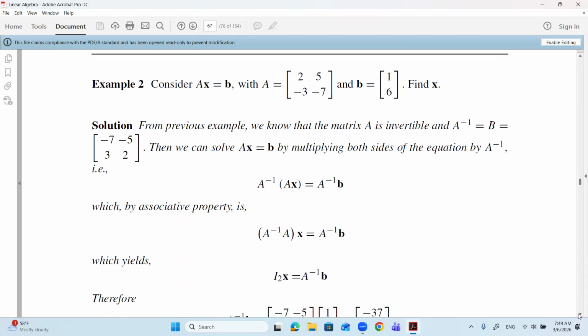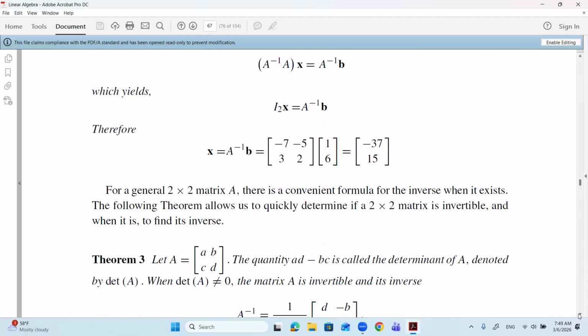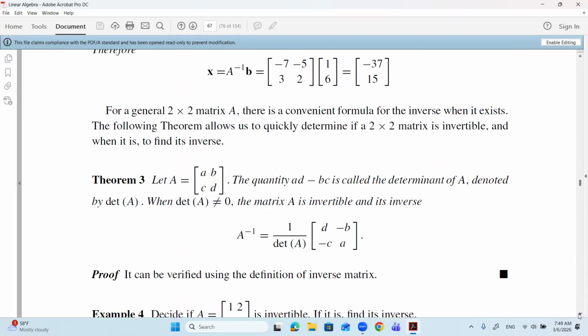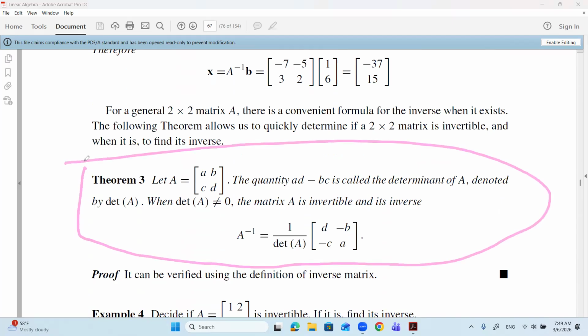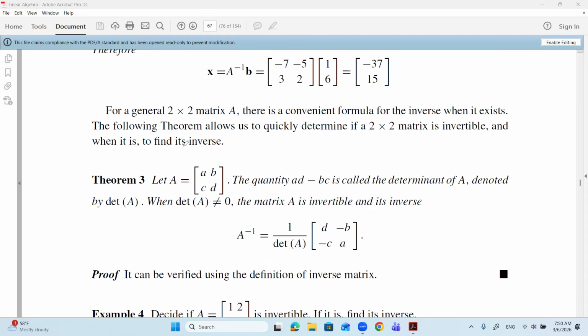So I'm going to give you this result. Look at this theorem. The theorem has some assumptions and conclusions. First of all, the theorem assumes a very small matrix, as small as 2 by 2, because it's easy to handle. So we have a very simple formula for this.